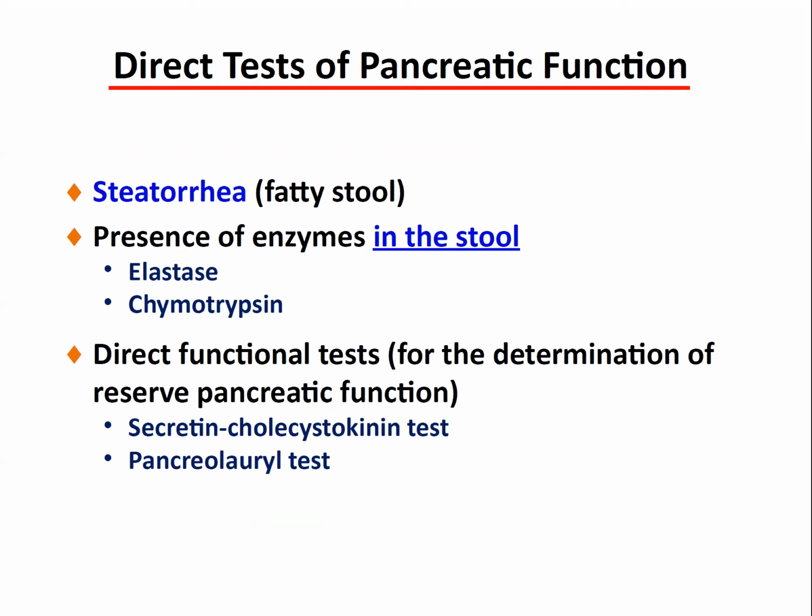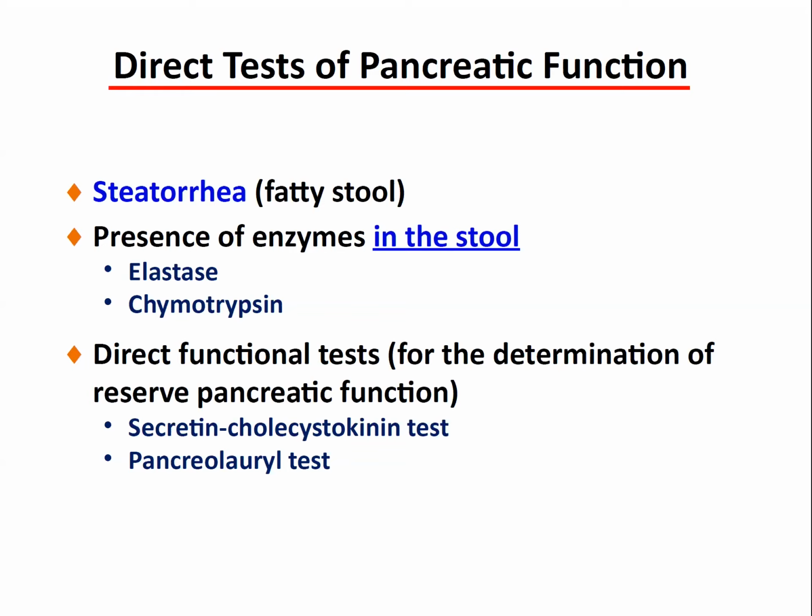Now, the direct tests of pancreatic function. First of all, as we mentioned, the fatty stool, that is the steatorrhea, more than 7 grams, or the presence of enzyme in the stool. Mostly they measure the elastase activity, because elastase is not cleaved during passage in the stool.